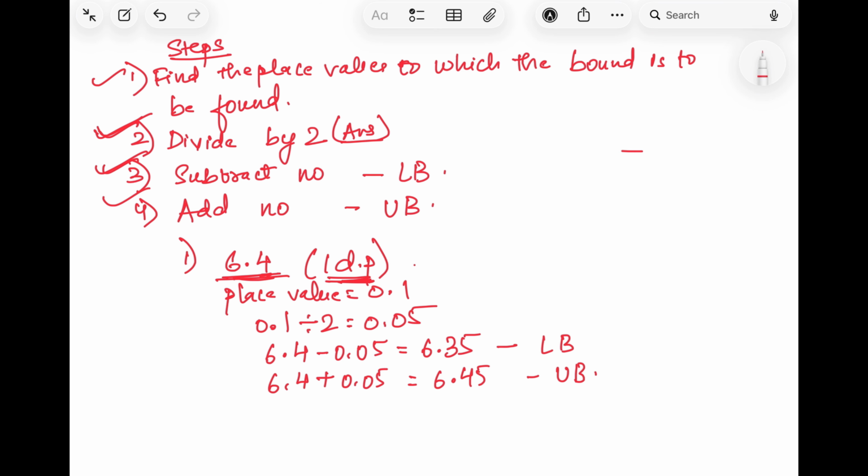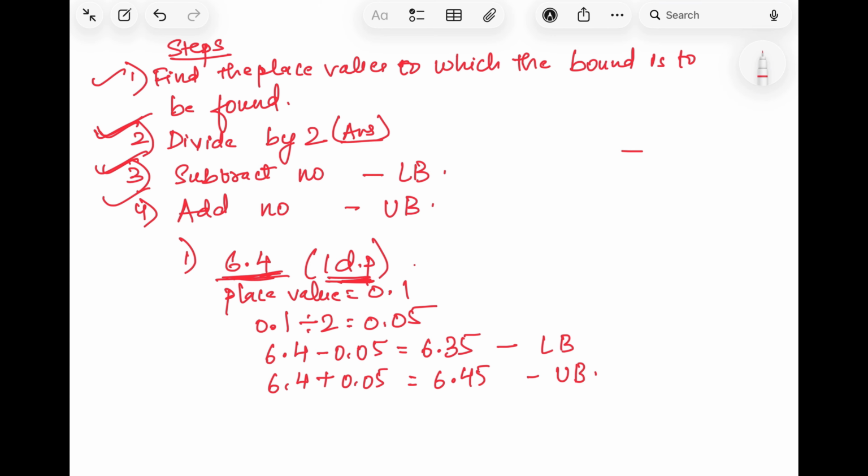Now there is a specific way of writing the bounds also, because 6.35, 6.4 and 6.45 are not all equal. So how do we write it? 6.4 lies in the range of 6.35 and 6.45.